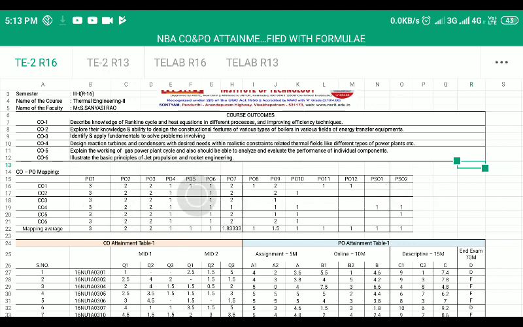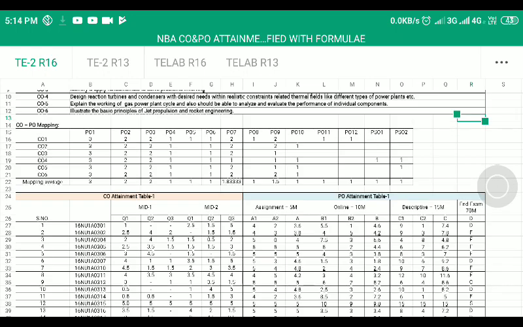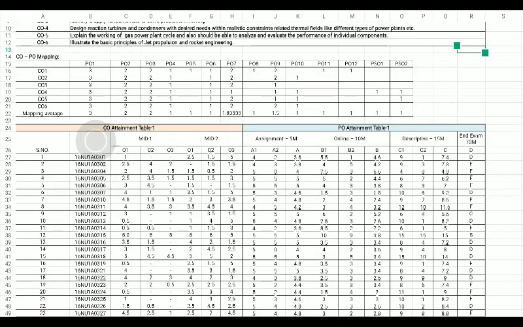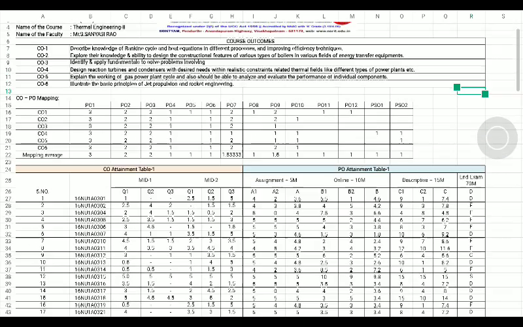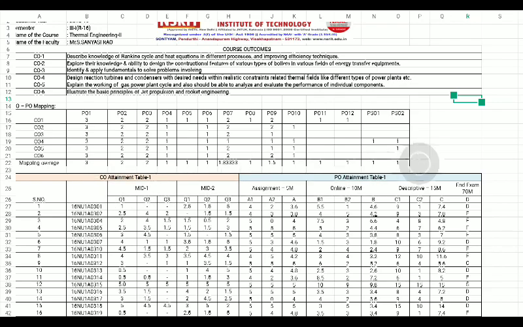It may vary from subject to subject. After the CO-PO mapping, you need not calculate the mapping average, as it will be automatically calculated because we are putting the formulas for the mapping average.